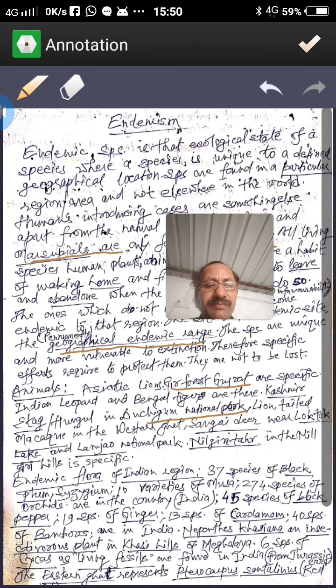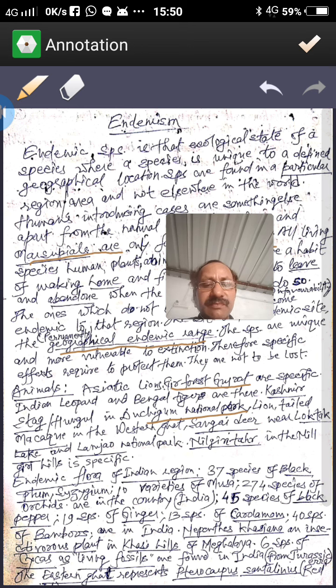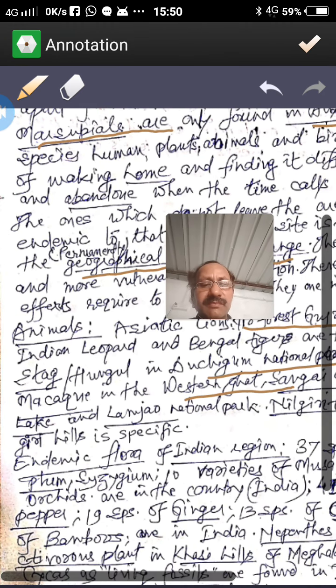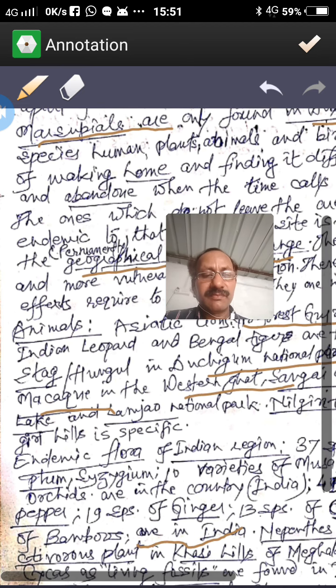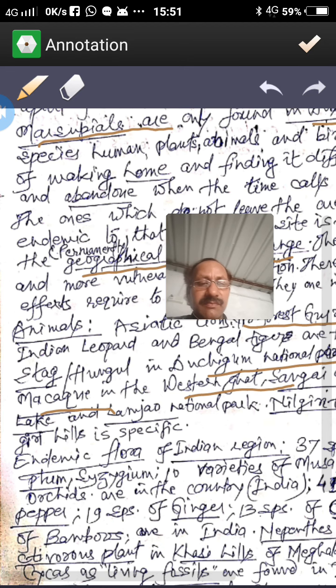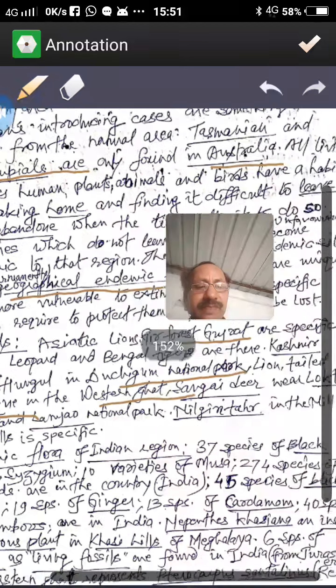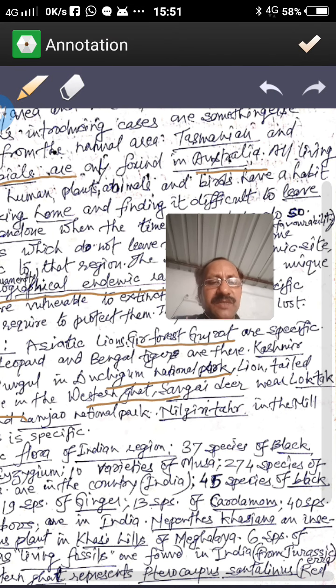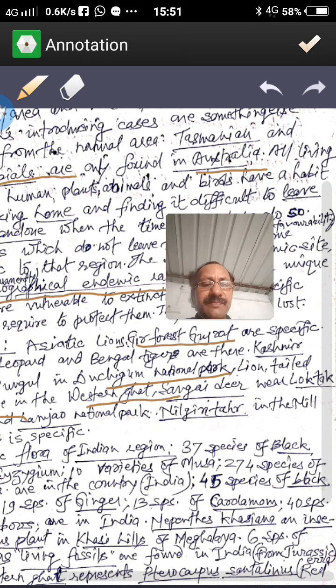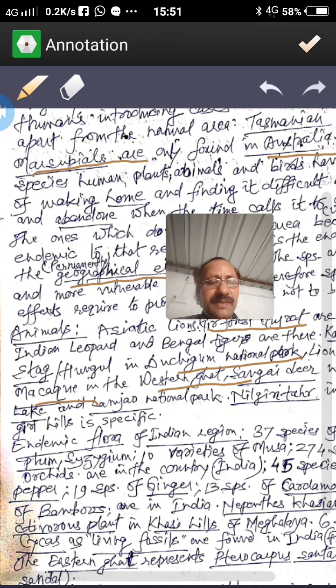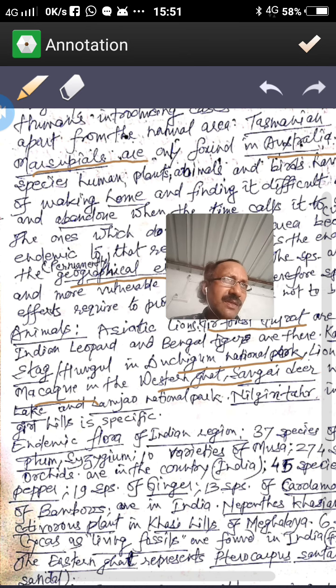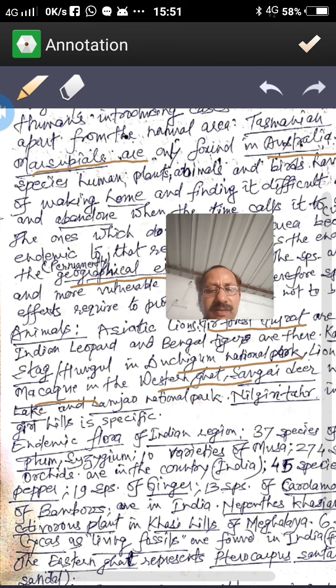The lion-tailed macaque is in the Western Ghats. In the Nilgiri Hills, many plant species and animals, endemic species, are there. Many such animals and plant species in the Nilgiri Hills are found on the verge of extinction as well.